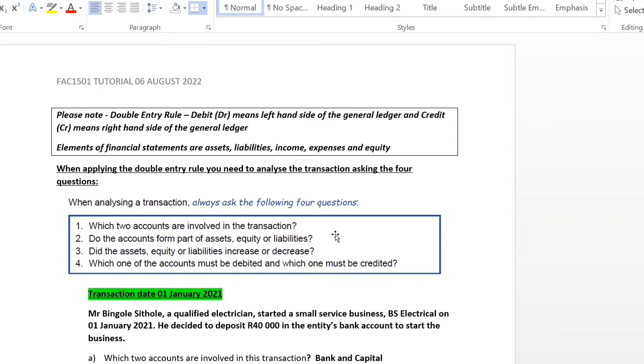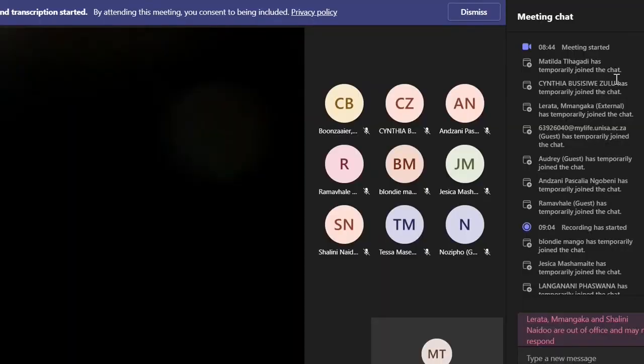Walton's retained a duplicate of that invoice for their records, and also in their bank account, because she did an EFT, they received 5,000 Rand. So my question is, on that example that I gave you, which two accounts are involved in the transaction?